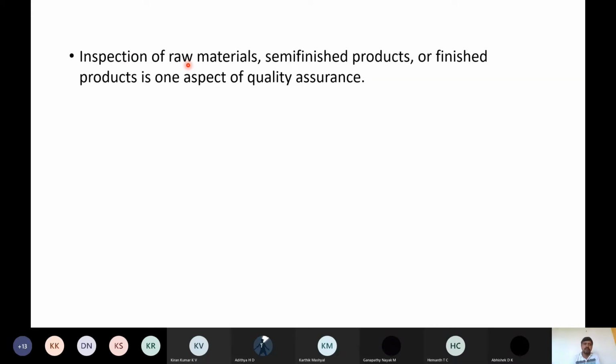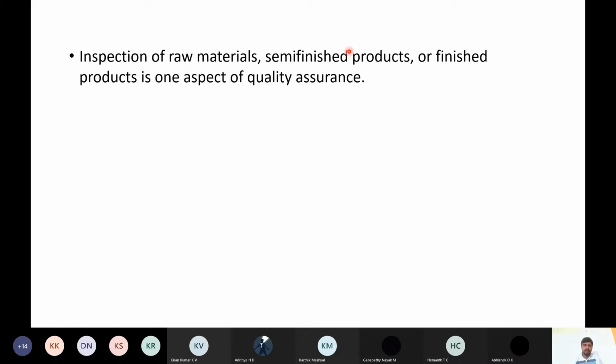Inspection of raw materials, semi-finished products or finished products is one aspect of quality assurance. If your intention is to produce a quality product, you should ensure that the quality of the raw material is good. You may be procuring raw materials from some other company, so you have to check before using them.